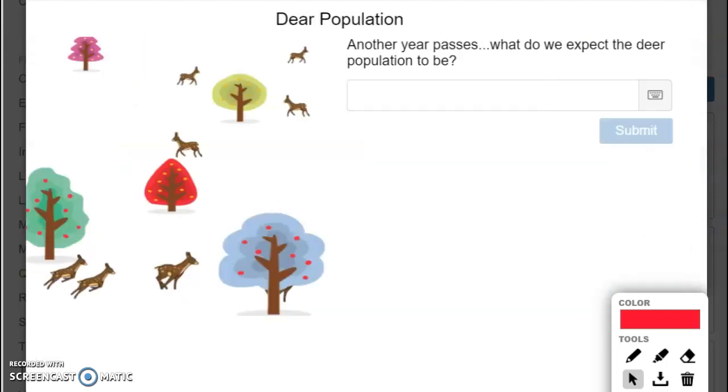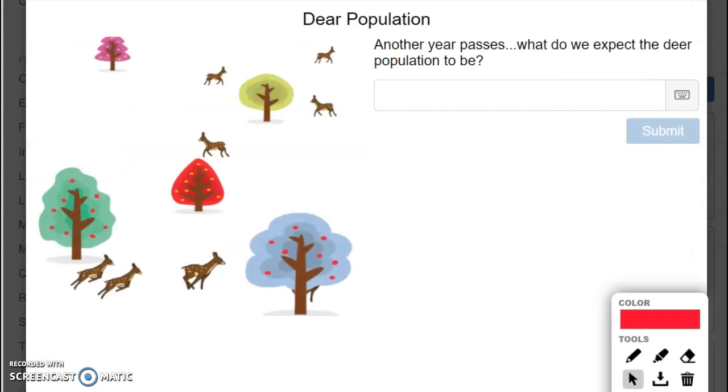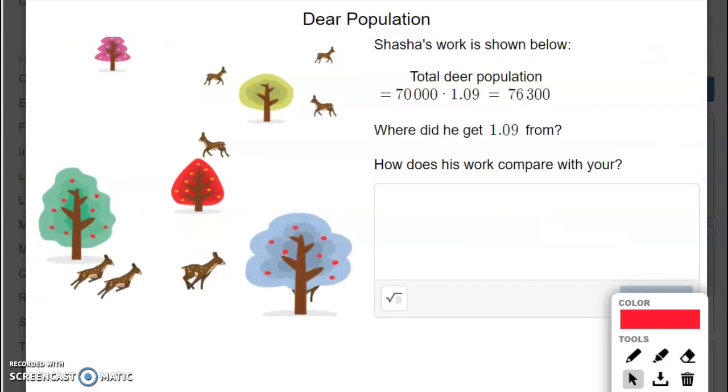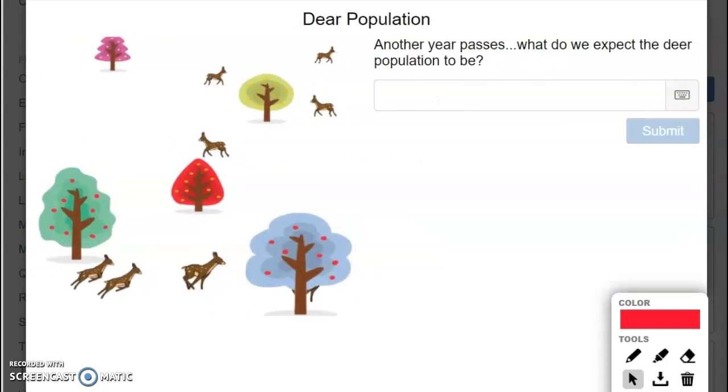Oops, went too far. Okay, another year passes. What do we expect the deer population to be? Okay, so we started with 70,000. So we can put 70,000 and multiply that by 1.09. And this time I can multiply this 2 times.